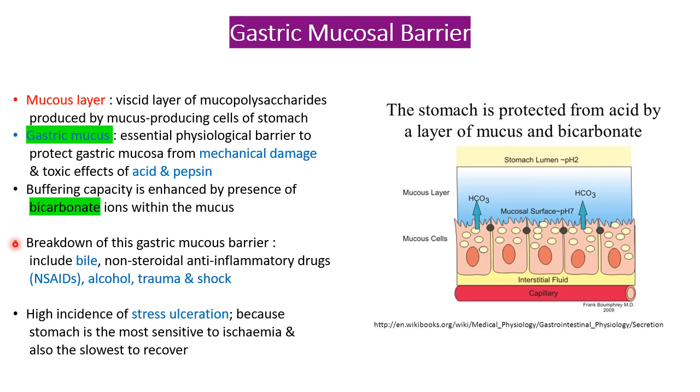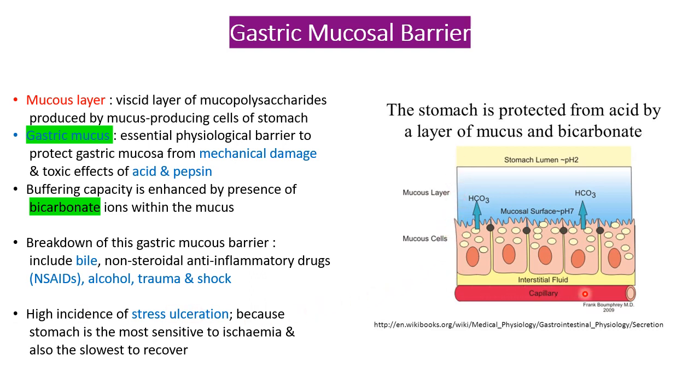Factors that can cause a breakdown of this gastric mucosal barrier include bile, non-steroidal anti-inflammatory drugs, alcohol, trauma, and shock. The high incidence of stress ulceration in patients who are severely ill and in shock is because the stomach is the most sensitive to ischemia and also the slowest to recover from its effects.